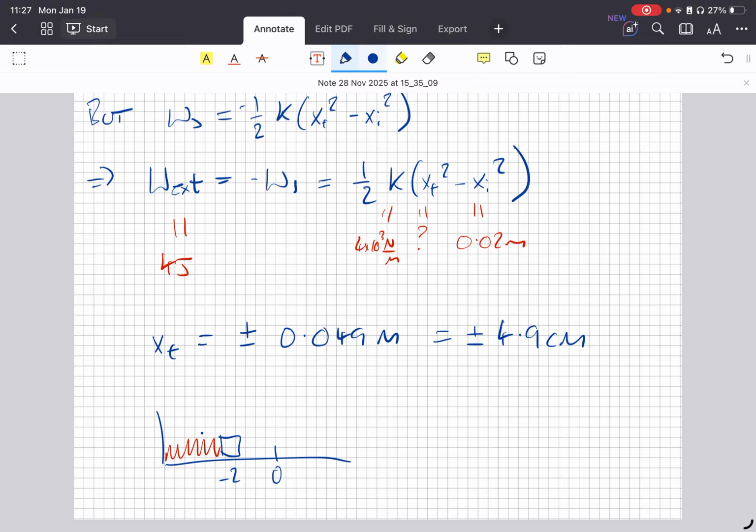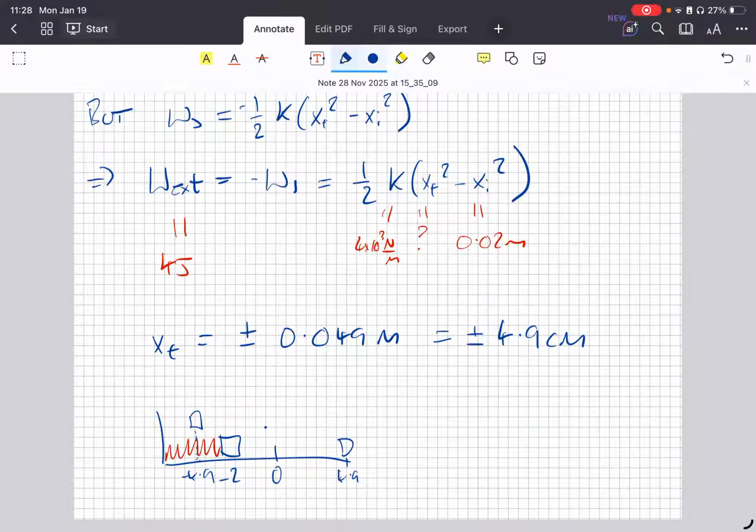So either the block moves to this position, down here at minus 4.9, or it moves to this position at plus 4.9. In either case, our force does 4 joules of work, and we end up with the correct conditions. So either of these solutions is valid.